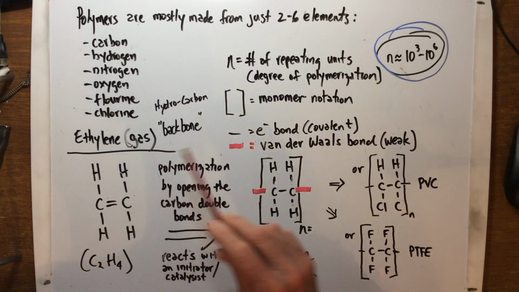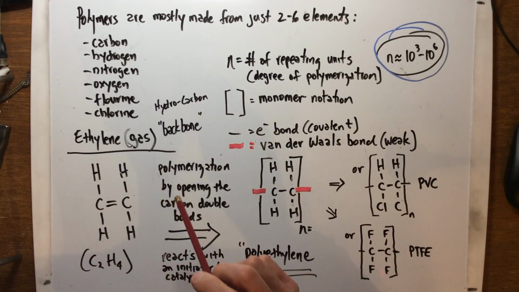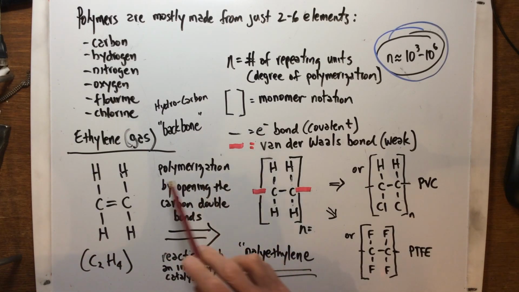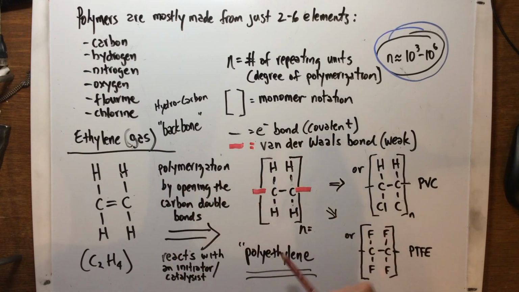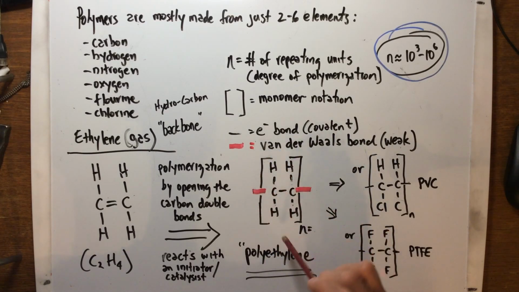When this ethylene gets polymerized in this process, it turns from ethylene to polyethylene, because it went through a polymerization process. So now they call it polyethylene.